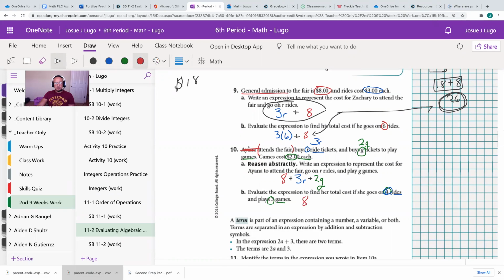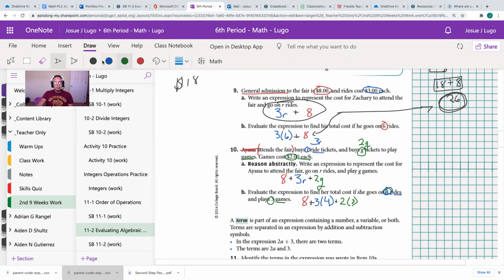So that's going to be $8 no matter what. And then we're going to get on 4 rides. So that's going to be $3 for each one of those rides. So instead of an r, I'm going to put a 4, plus $2 times each one of those games. And we know how many games that is. It's going to be 3 games. So 2 times 3.